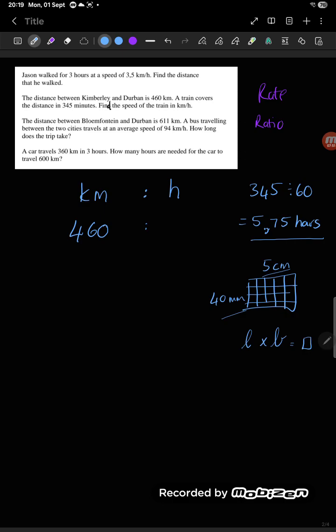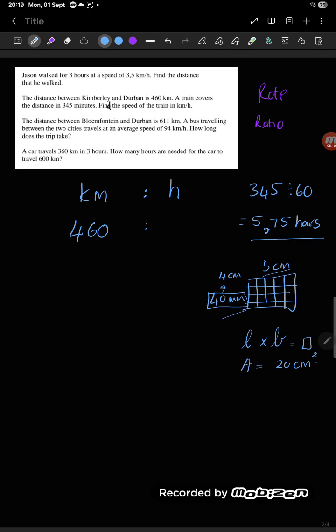I can't say 40 times 5. Is that 200 centimeters? It is 200 millimeters. They've got to be the same unit. So I've got to change this into 4 centimeters because there's 10 millimeters in a centimeter. So divide by 10. So then I say 4 times 5 is 20. And it's centimeters squared. Okay, and that's the area of this thing.